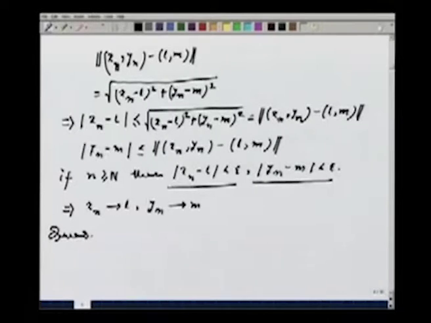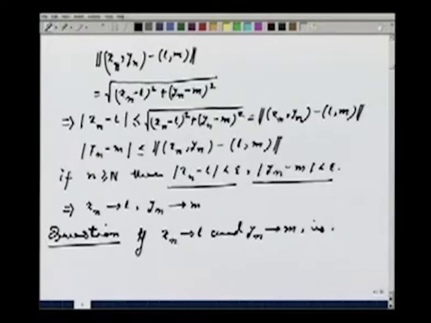What about the converse? Suppose xn converges to L and yn converges to m. So I will put it as a question. If xn converges to L and yn converges to m, is it true that (xn, yn) converges to (L, m)?